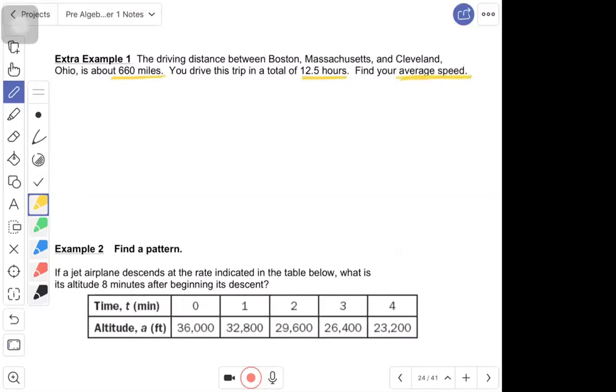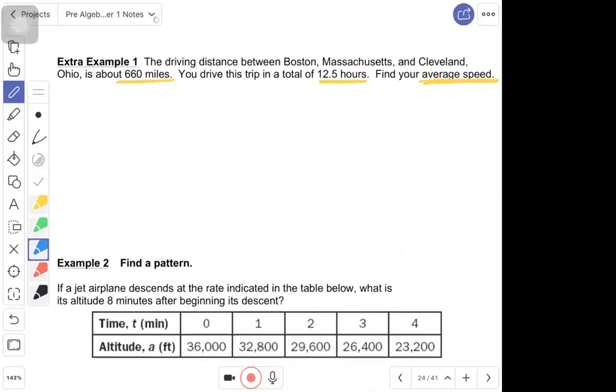So does anyone know what the formula we would use for this problem to be? So first we can write down what we're given. Let's do that.